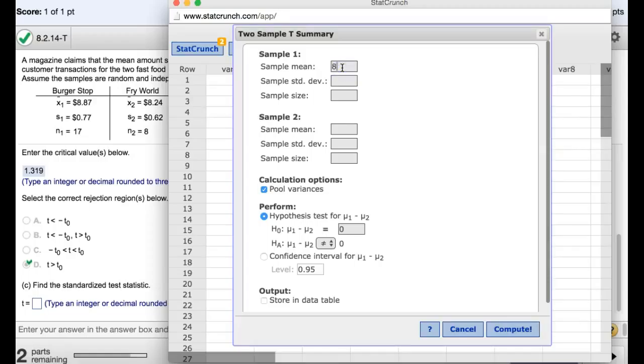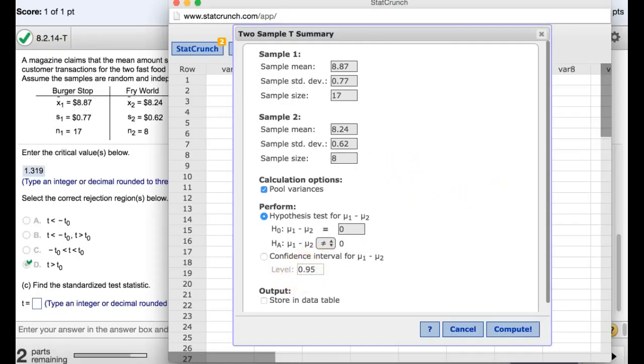So we have 8.87 and 77 cents, as well as sample size of 17. We also need to put in the information about the second sample. So the $8.24 for the mean, 62 cents for the deviation, and 8 for the sample size.